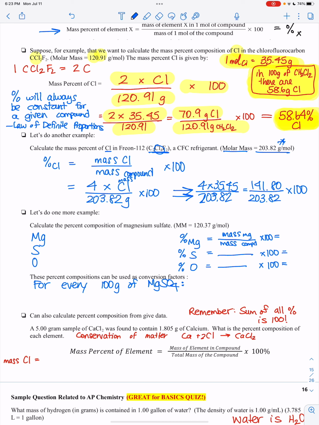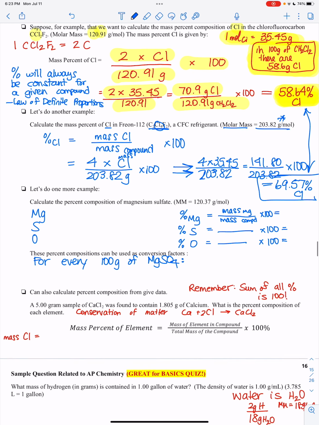If I multiply by 100, I will get the percentage of 69.57% chlorine. Okay? So keep that in mind. It's a different compound. It has a different percentage of chlorine. So these two will not be the same compound, and they are not.